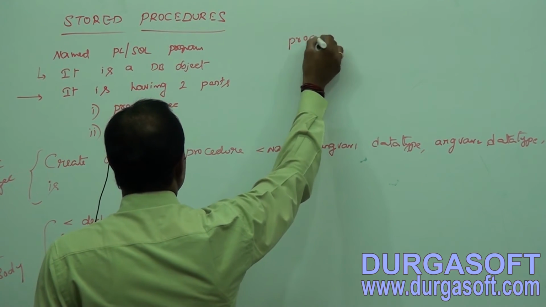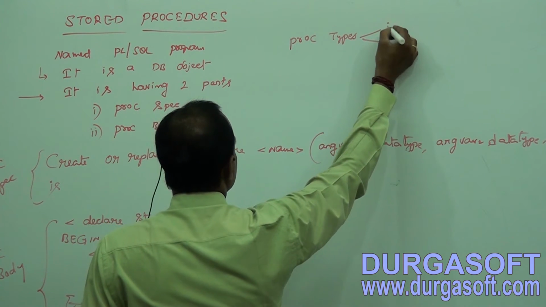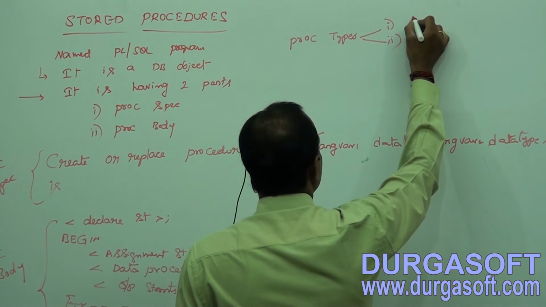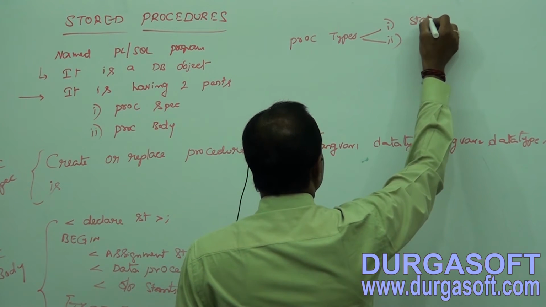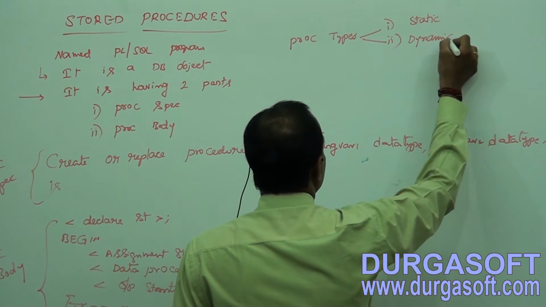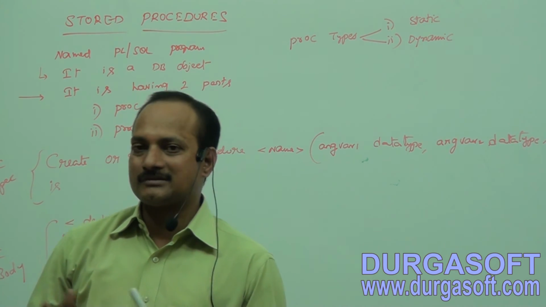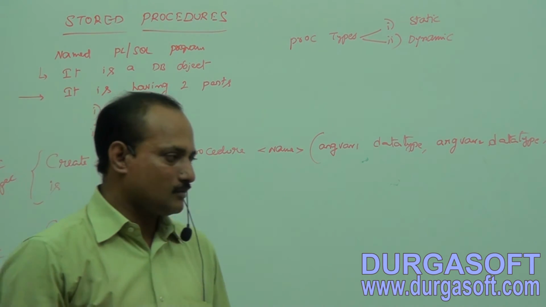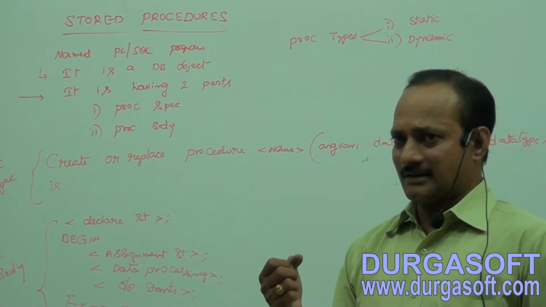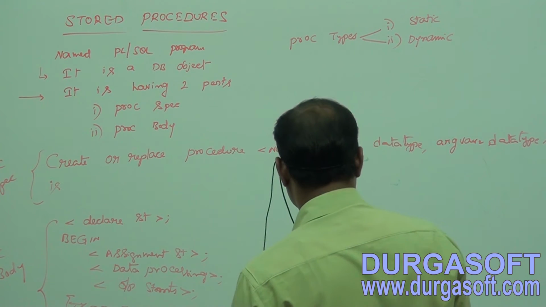Procedure types. How many types of procedures are there? Two types: the first is static procedures, and the second is dynamic procedures. A static procedure should not take any runtime values during execution, whereas a dynamic procedure has to take some values.